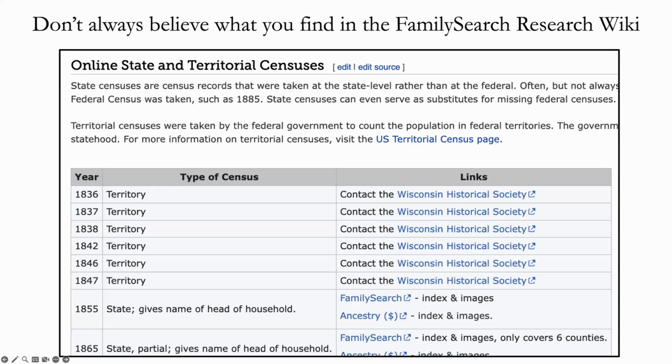And this is the case. These are the same records that I was looking at just a moment ago, the list of records, and they're all saying those records are at the Wisconsin Historical Society when they're on FamilySearch. So always make sure you're doing general searches on the big websites and very specific searches.